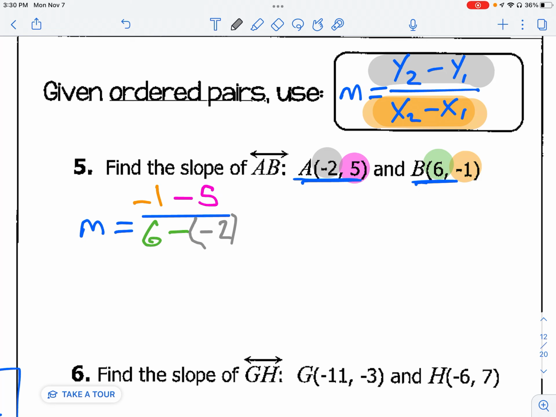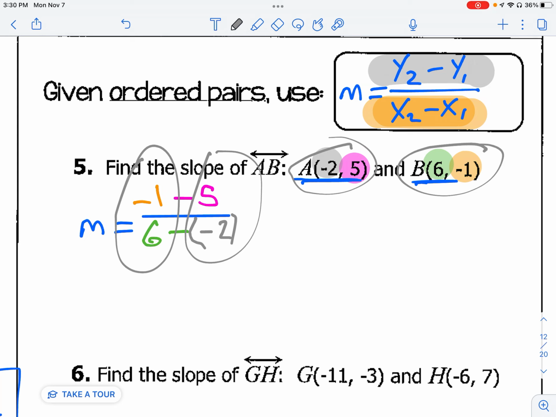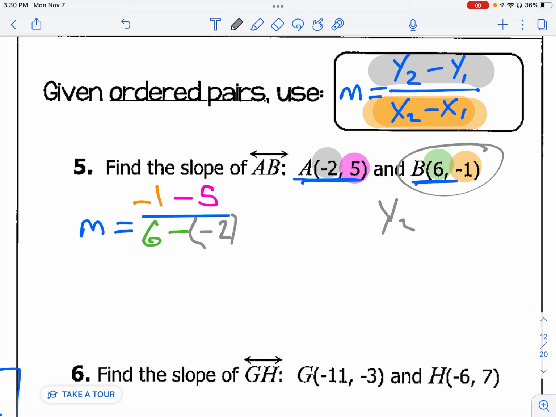And you'll notice that these two are these two, and these two are these two. And you want to keep them together, because if we were to write it y2 on top, where we crisscross them, we will be in all kinds of trouble because it won't make any sense at all.